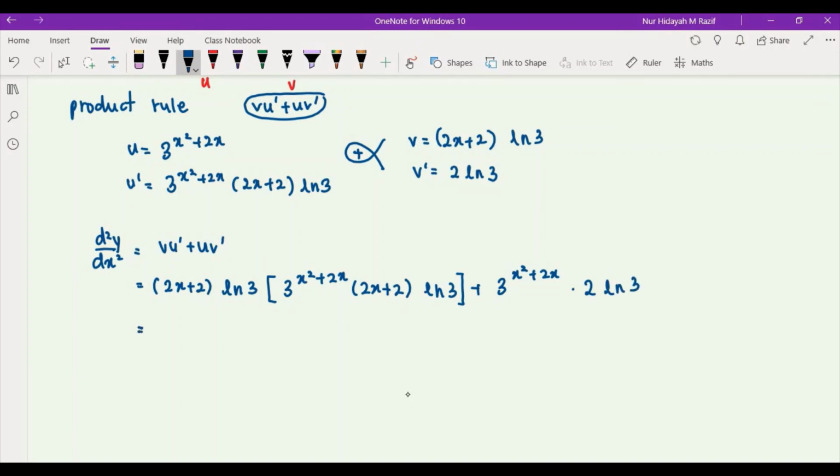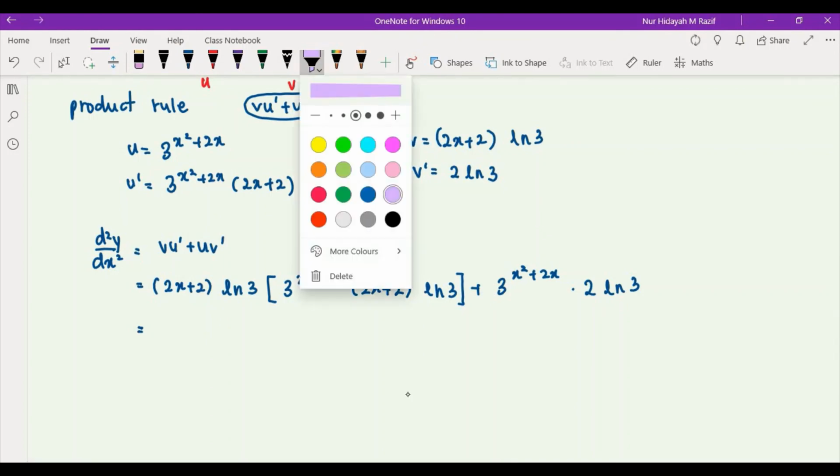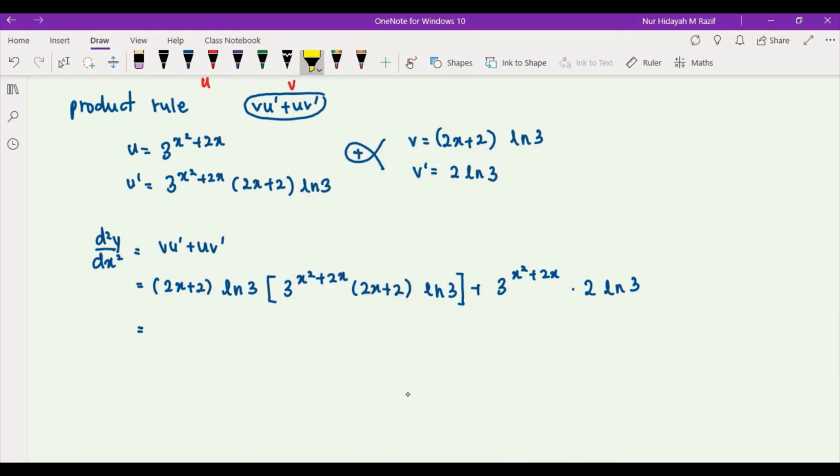Jadi daripada sini, apa yang kita akan tengok adalah apa yang kita boleh factorize. So, apa yang kita boleh keluarkan? If you take a look daripada depan dengan belakang, apa benda yang sama hanyalah 3 power of x square plus 2x dan juga ln 3. Okay, itu sahaja yang sama.